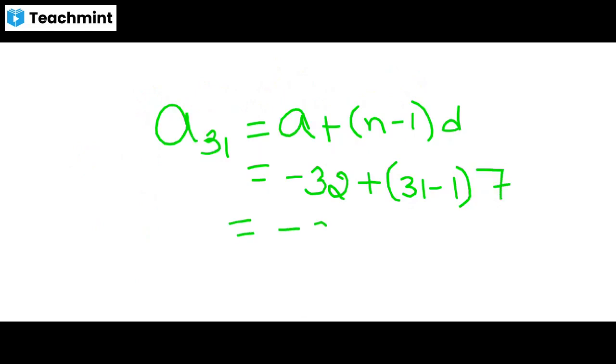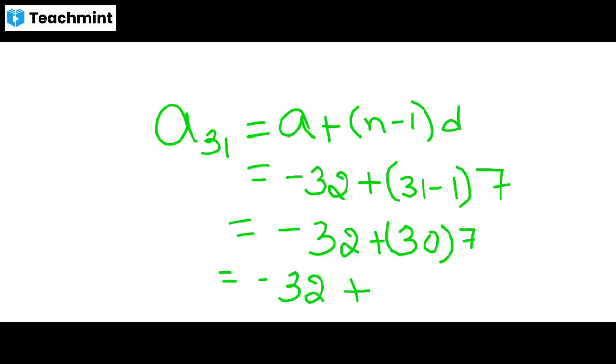This is minus 32 plus 30 into 7, which is 210. So 210 minus 32, are you getting 178?